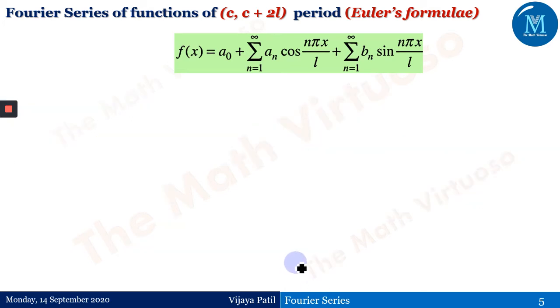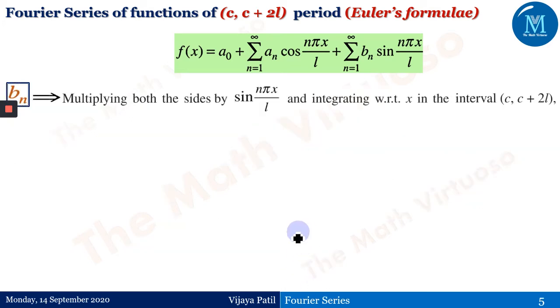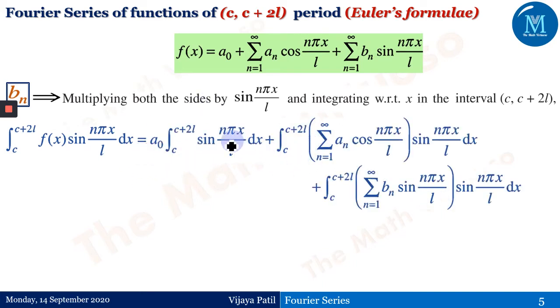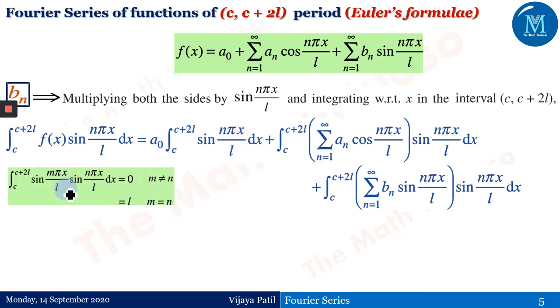Then moving ahead with the third one, that is bn, multiplying both the sides with sine of n pi x by L, integrating with respect to x. So this is the LHS, and the RHS will give you this, everything is getting multiplied by sine n pi x by L. Again, by the identity, sine with m equal to n, we'll get it as L. So we will get this third term as L times bn, and the first and the second terms will go to 0, because it's a combination of sine and cos, as I have given you in the last step.